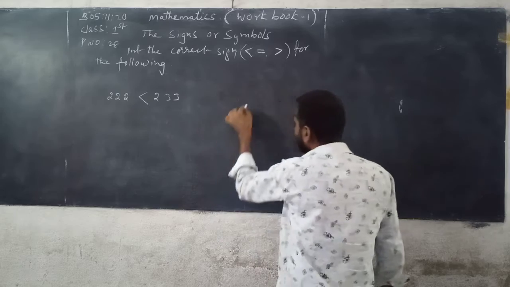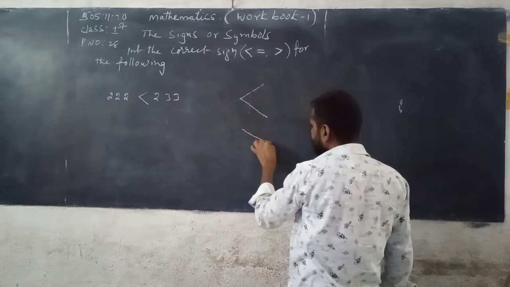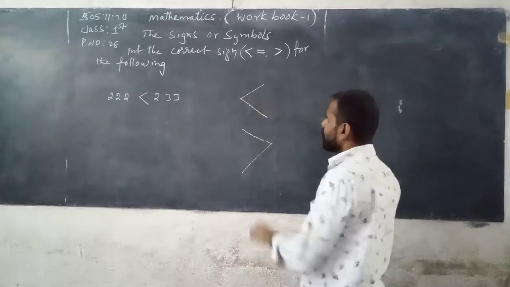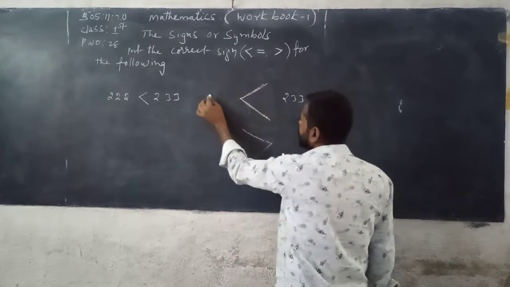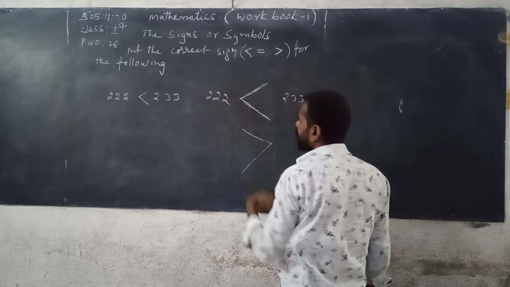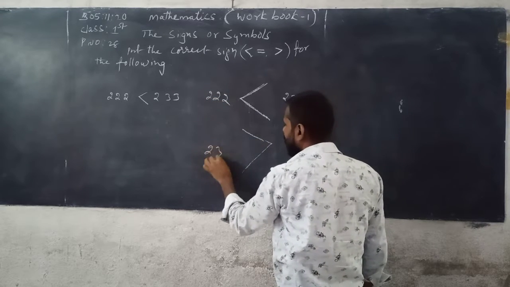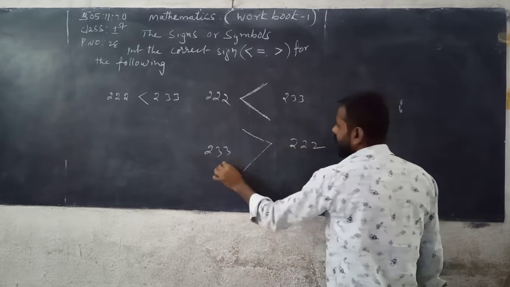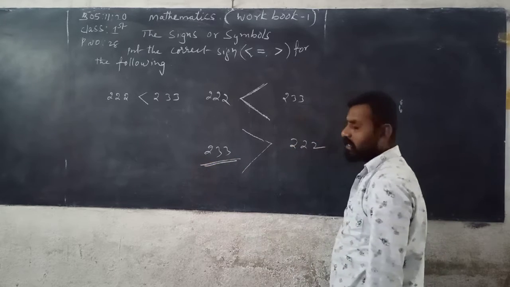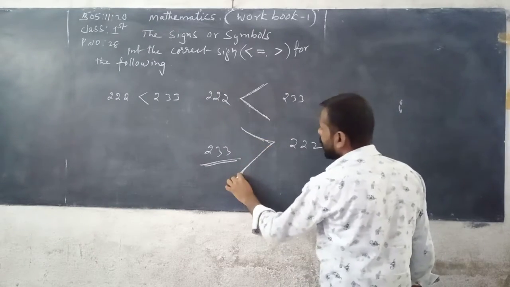This is called the less than symbol and this is called the greater than symbol. The bigger side is here, so you can use the less than symbol. Now with 333 and 222, the bigger number is on this side, so you can use the greater than symbol.